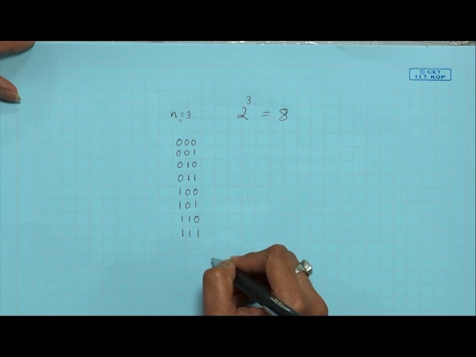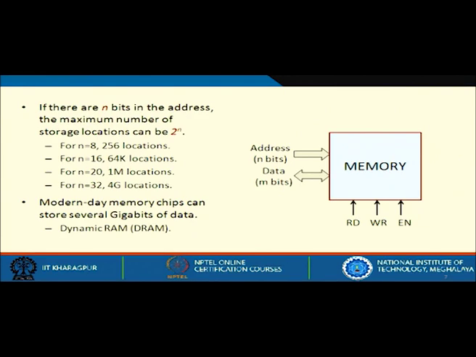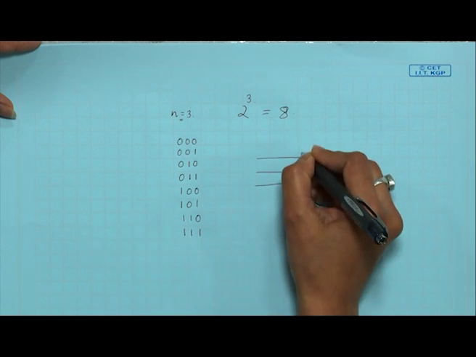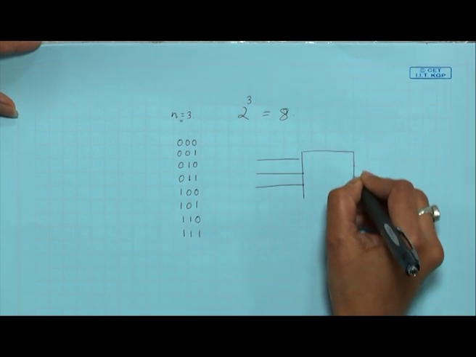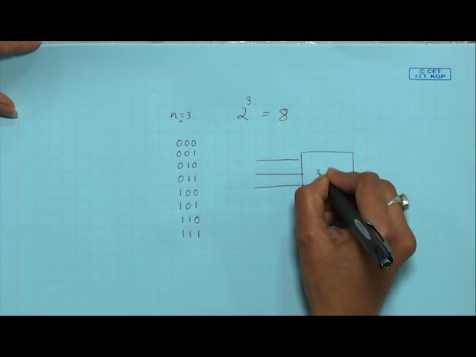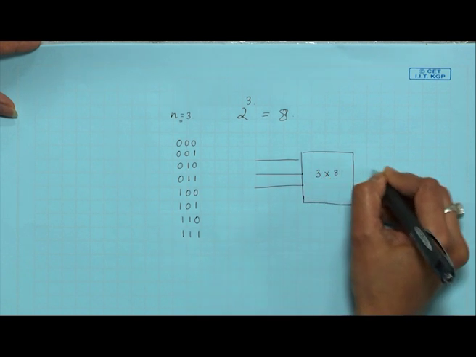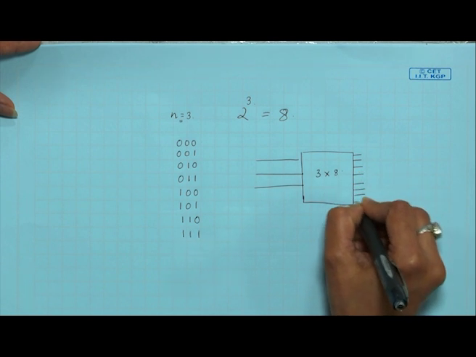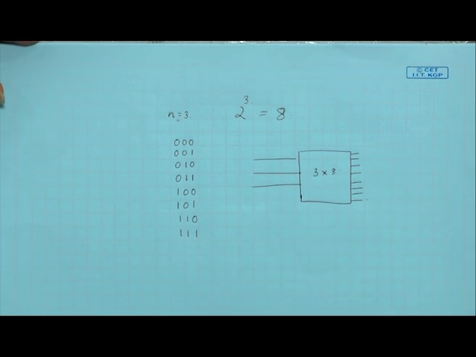By this we mean, if we have n bits in the address, then the maximum number of locations that can be accessed is 2 to the power n. So, if we have 3 bits in the address, the maximum number of locations that can be accessed is 2 to the power 3, which is 8.